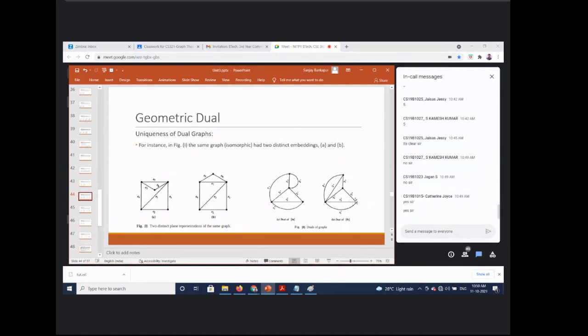One of the vertices of degree 4 became 3 and the other vertex, instead of degree 4, became degree 5. So both graphs are not isomorphic.